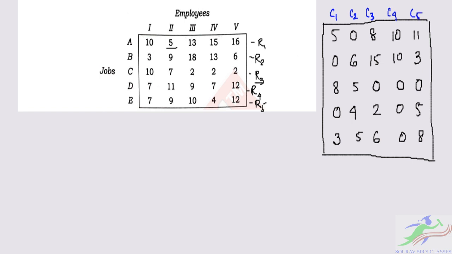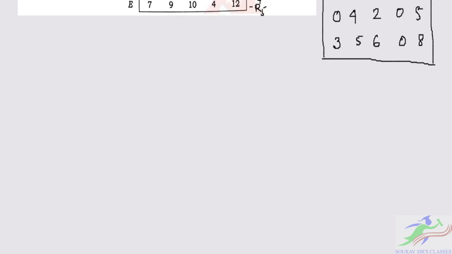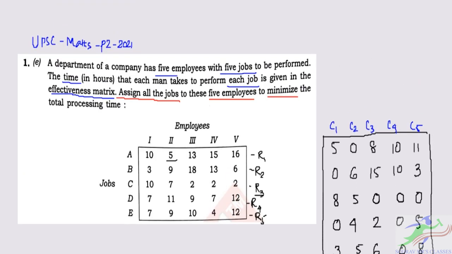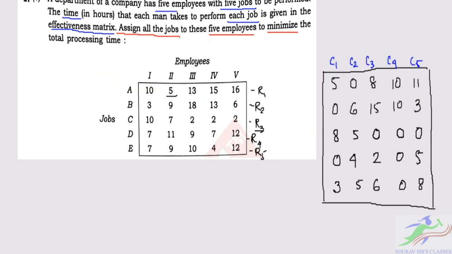We subtract the minimum element of each column from the elements of that particular column and cover all the zeros by the minimum number of horizontal and vertical lines.